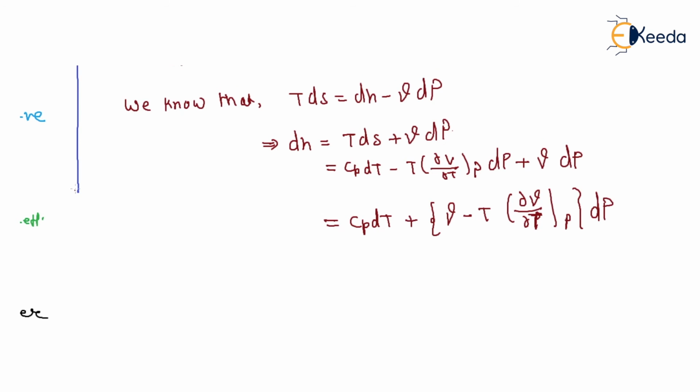If throttling, that means H is constant, so this dH is equal to 0.